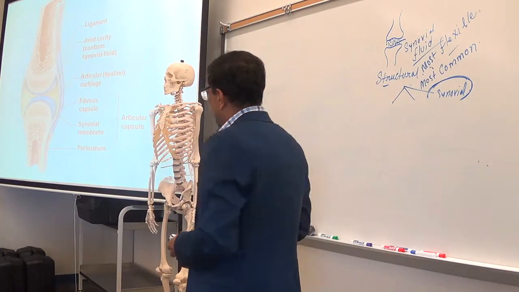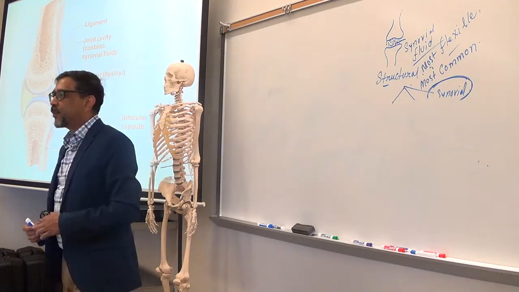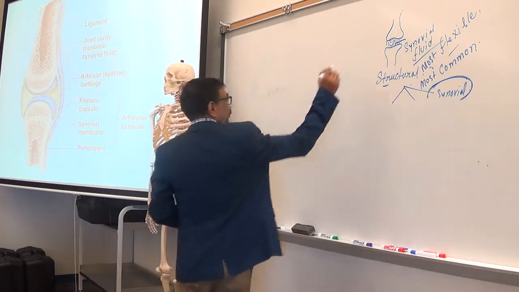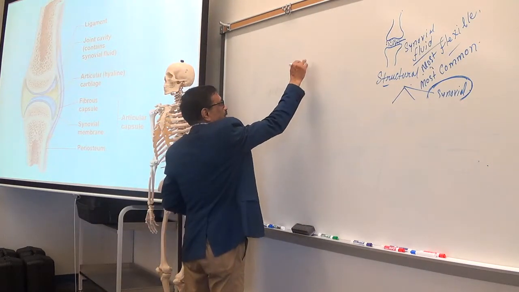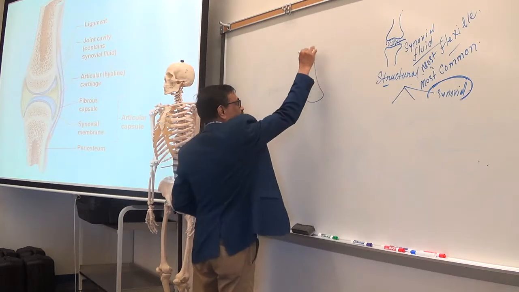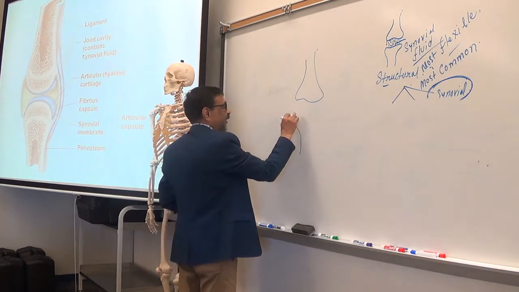If you see the structure of a synovial joint, as I have already mentioned, this is one bone, this is the end of another bone.